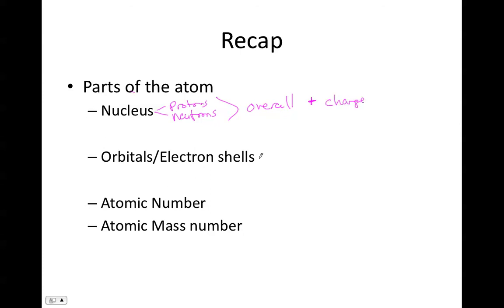The orbitals, or the electron shells, is where the electrons are housed, flying around, and it has an overall negative charge. The atomic number is equal to the number of protons in an atom. The atomic mass number is equal to the number of protons plus the number of electrons.